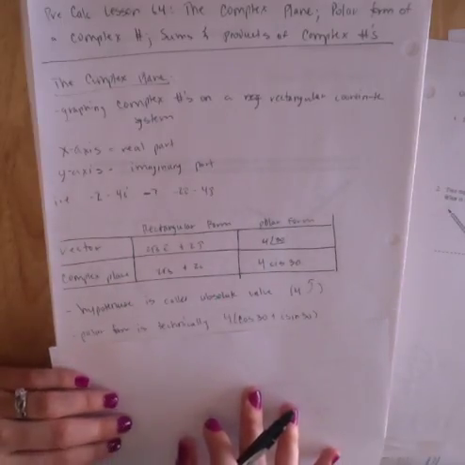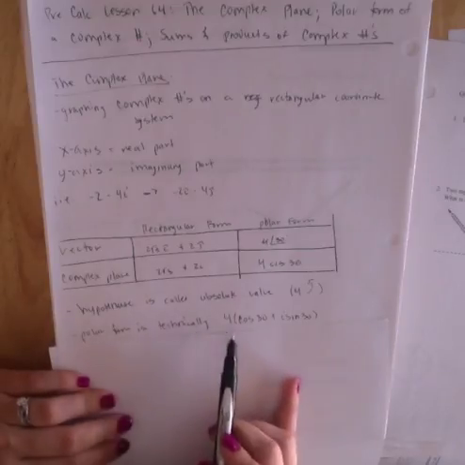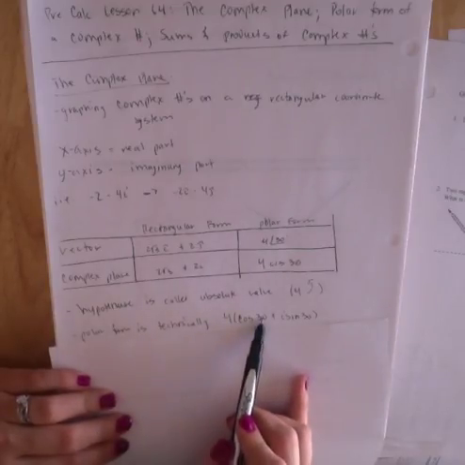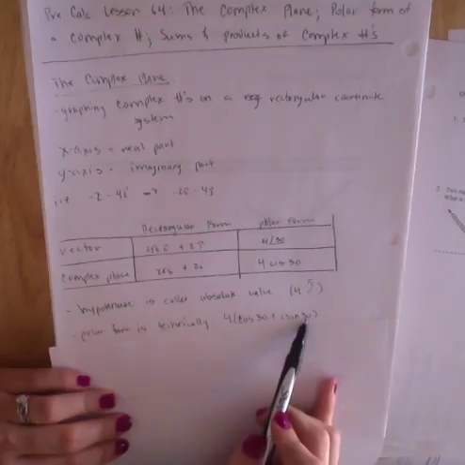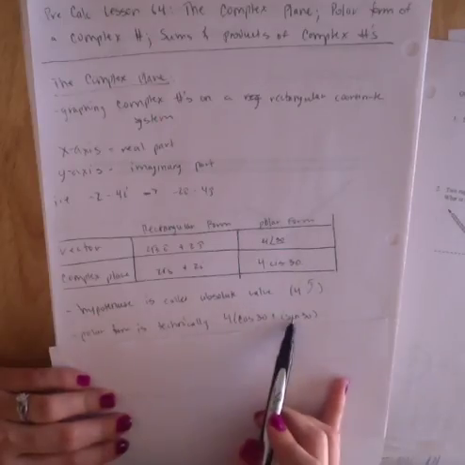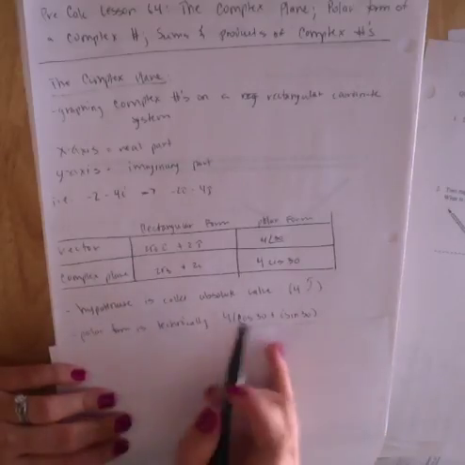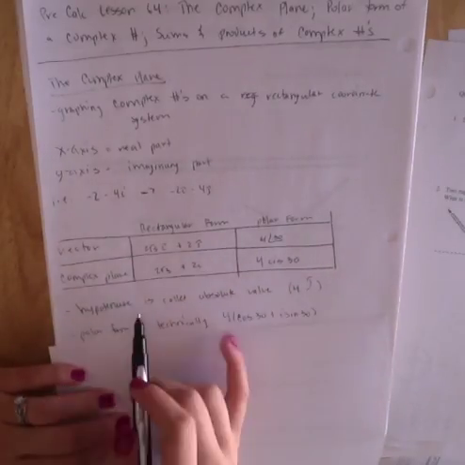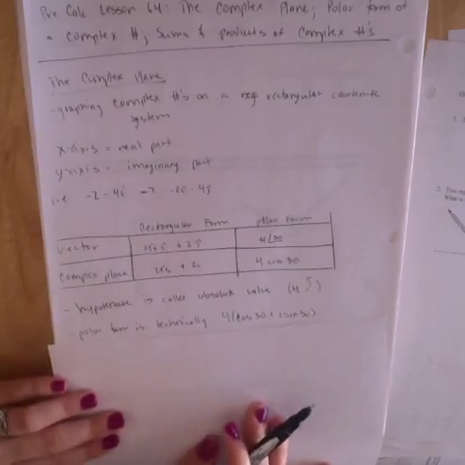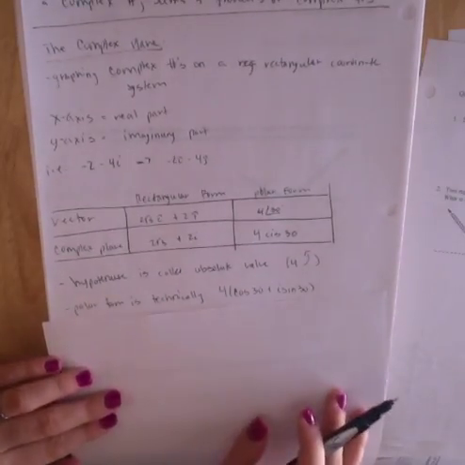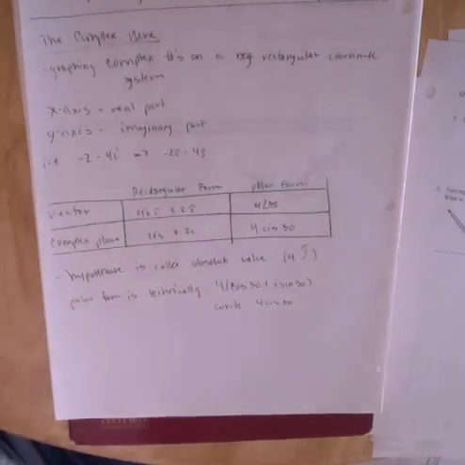Now, the polar form is technically 4 times the cosine of 30 plus i sine of 30, which we abbreviate as cis, okay? So 4 cis 30. And we call this hypotenuse, this 4, the absolute value. Okay, so it's some new terminology and some new ways to write things.